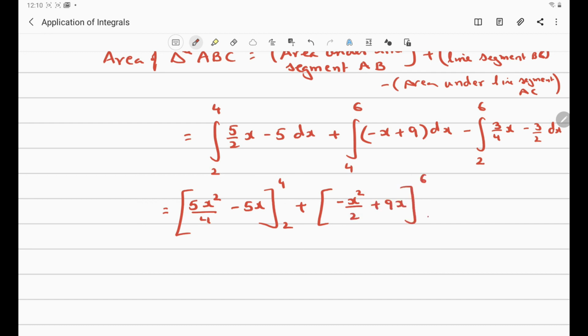We put the upper limit as 6 and lower limit as 4, minus, we evaluate the integral of 3/4 x as 3x²/8 - 3/2 x, and the upper limit and lower limit are 6 and 2.